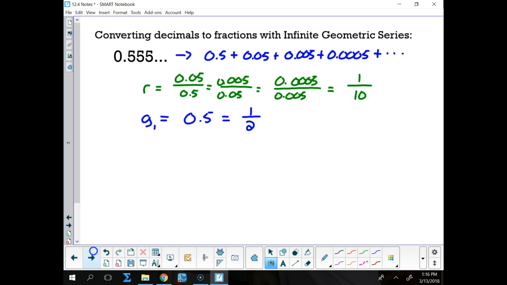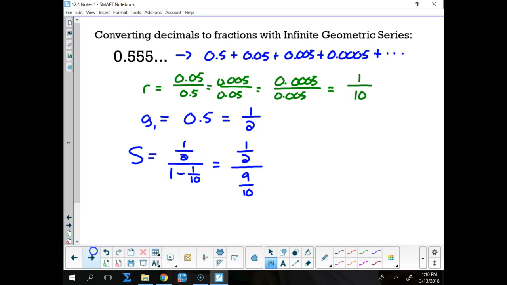Okay? So the sum of my infinite series is my first term divided by 1 minus my r value. Well, what is 1 minus r? 1 minus 1/10 is how many tenths? 9/10. How do I divide fractions?